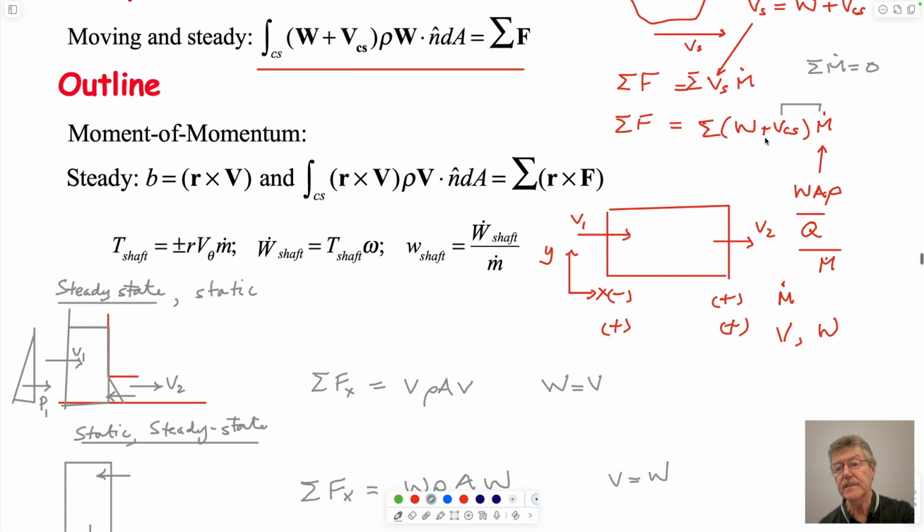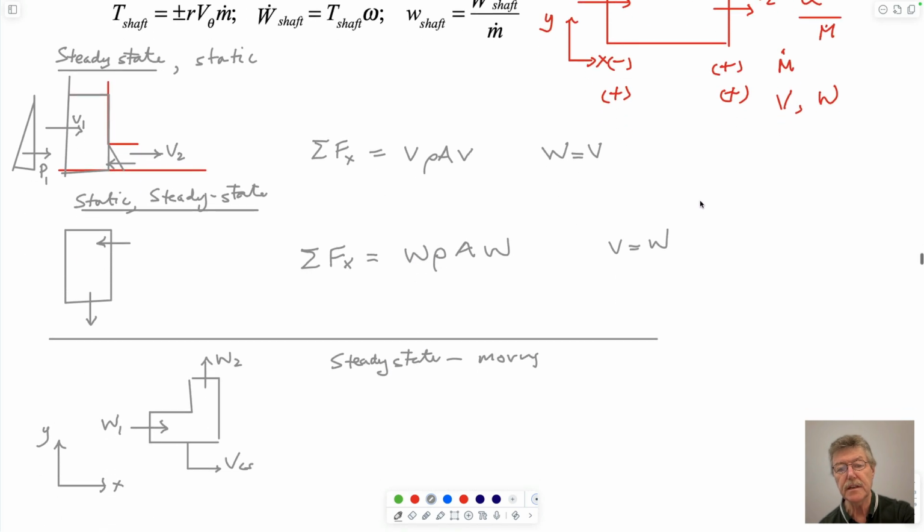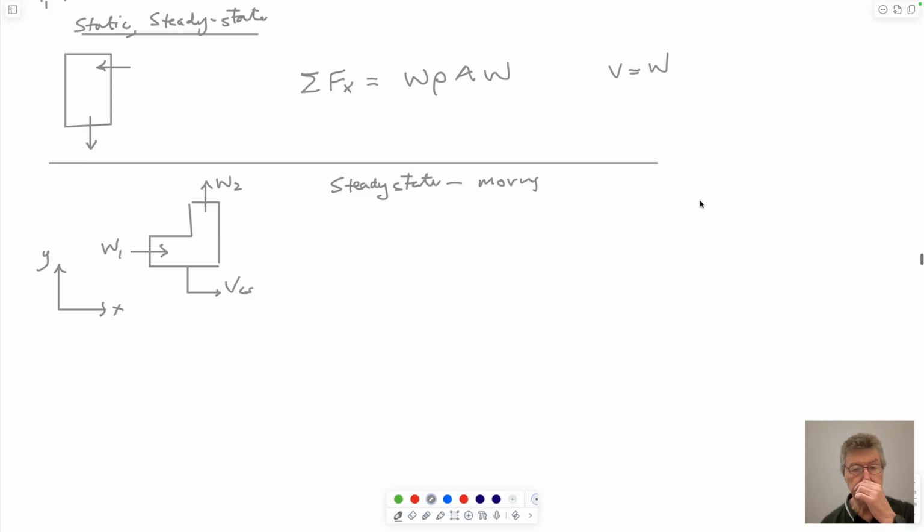So we said before, if it's steady state, we can get rid of this velocity term because it sums to 0. So again, we could solve it as sum of forces in the x direction. We only did it in the x direction, could do it in the y as well, was equal to rho A W, exactly the same as this.